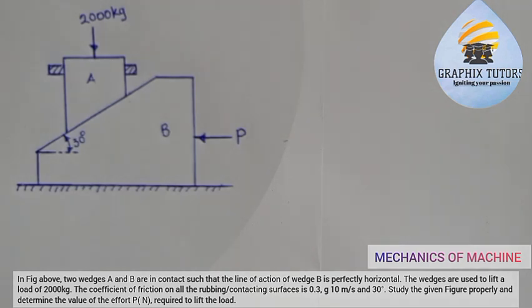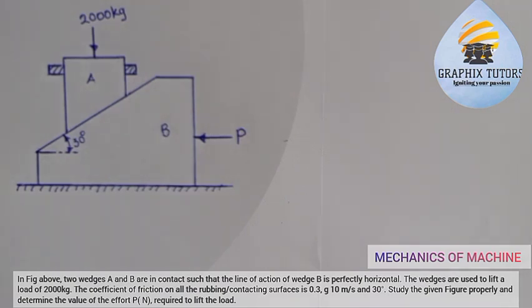Gravity G is given as 10 meter per second square and the angle of inclination is 30 degrees. Study the given figure properly and determine the value of the effort P required to lift the load.